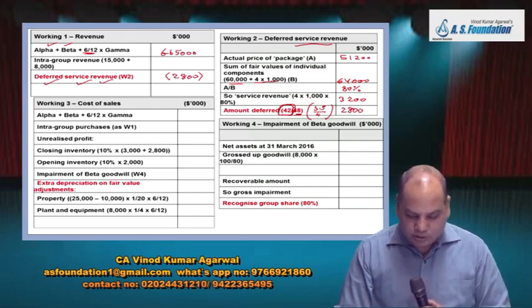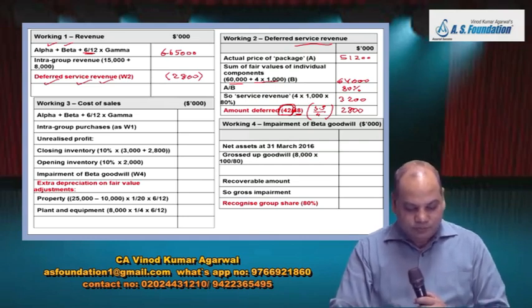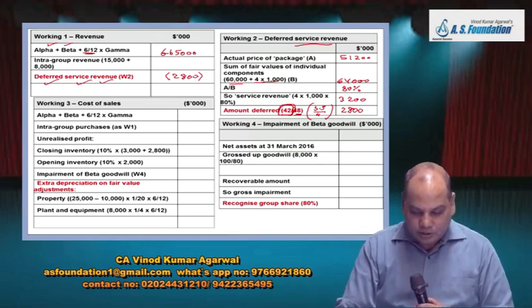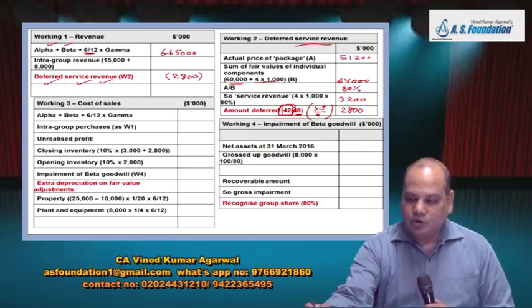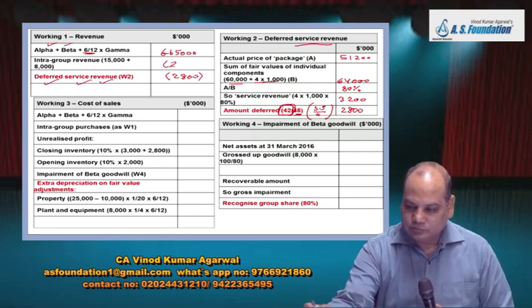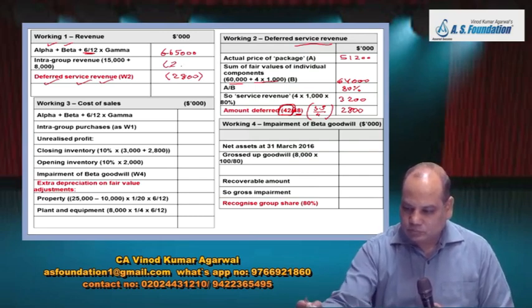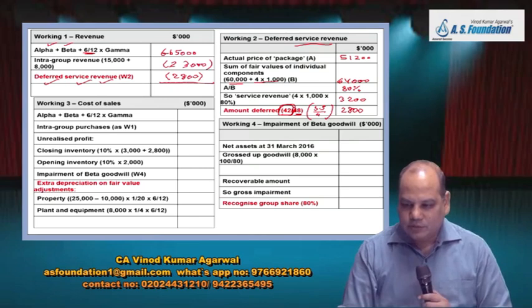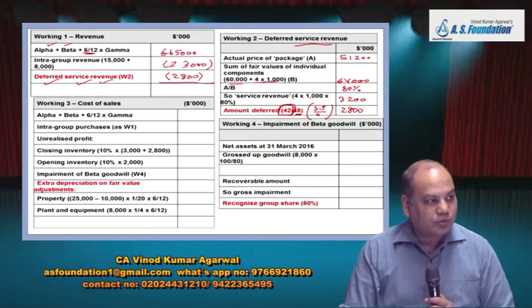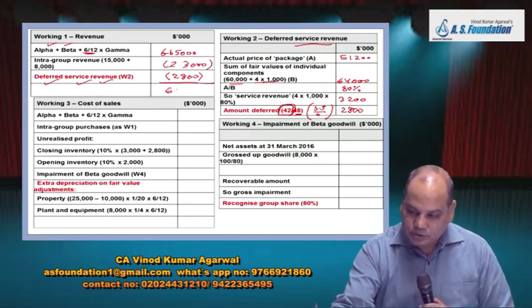And in the note number 3, that also I will do immediately. Intra-group revenue, 15,000 from beta and 8,000 from gamma. Note number 3 in that small table. We remove 23,000 here. So now tell me, what is the net revenue to be shown in SOPL? 639,200.